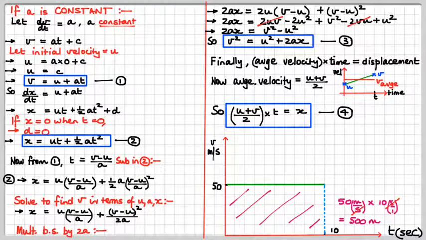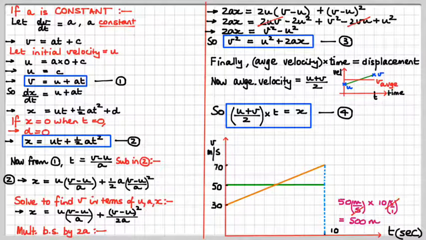Now, here's a different scenario for you. Watch this. If I was to start off at 30 meters per second here and finish at 70 meters per second, the average of those two velocities, starting at 30 and finishing at 70, would be 50, because it's halfway in between. It's the midpoint of this line.